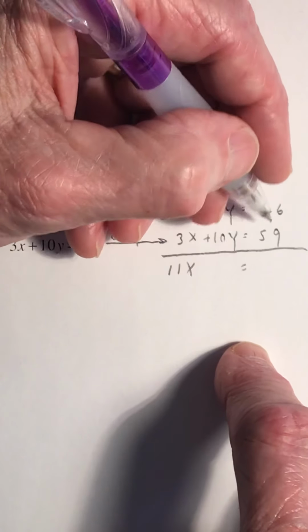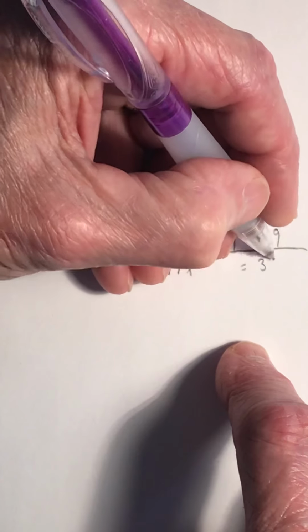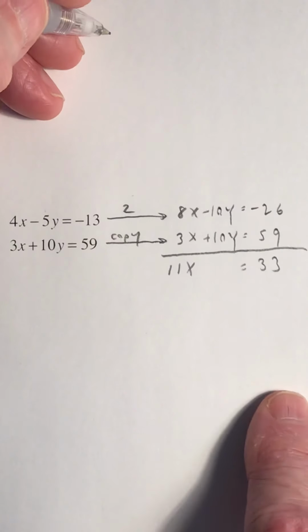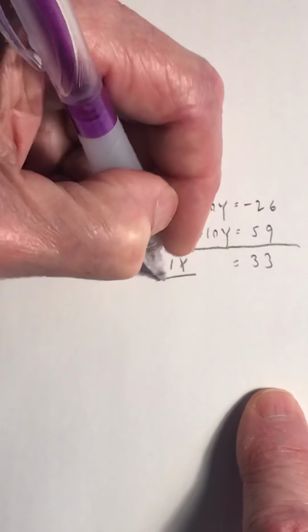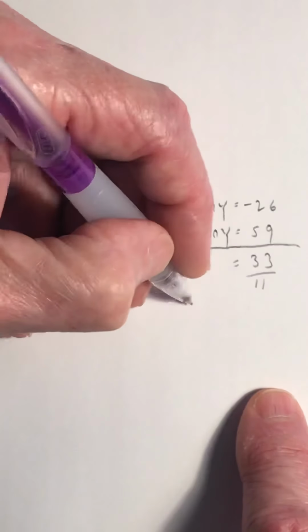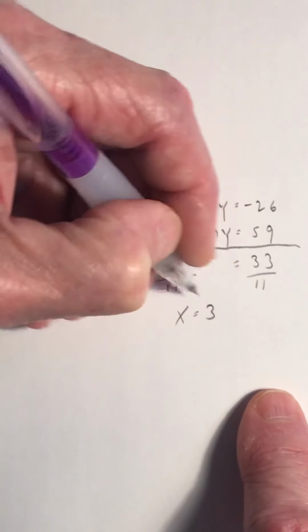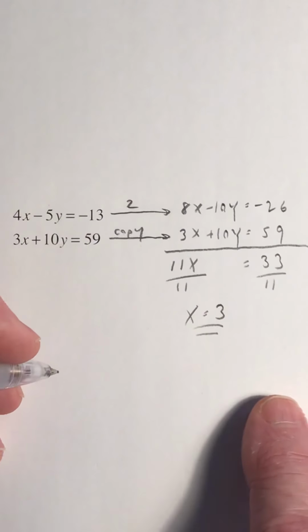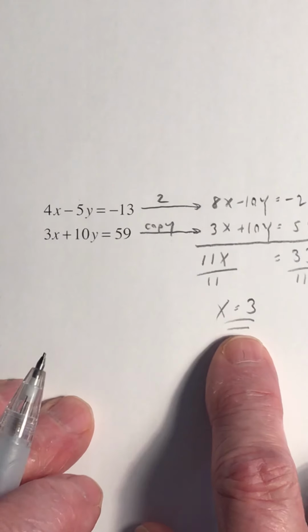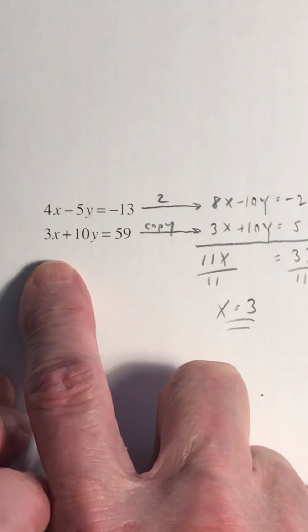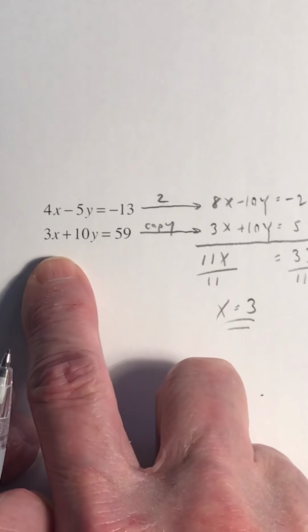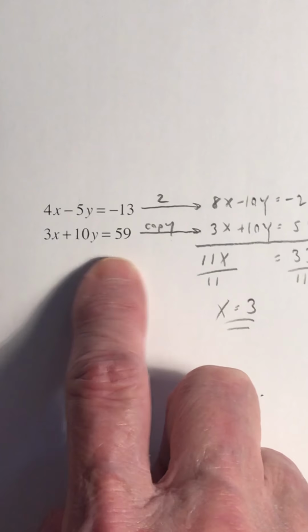And over here, negative 26 and 59 is 33. You see where this is heading? Divide both sides by 11, and get x equals 3. And then we can take that 3 and use it for x in either equation. I like the bottom equation better. It's got no minus signs at all.